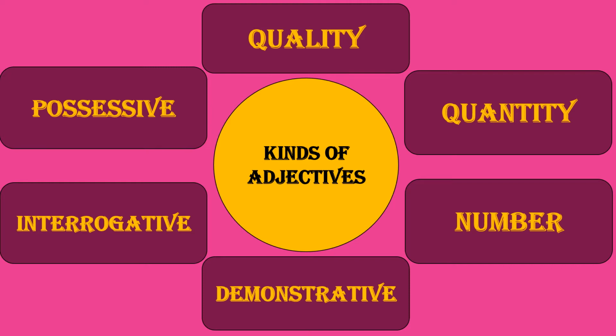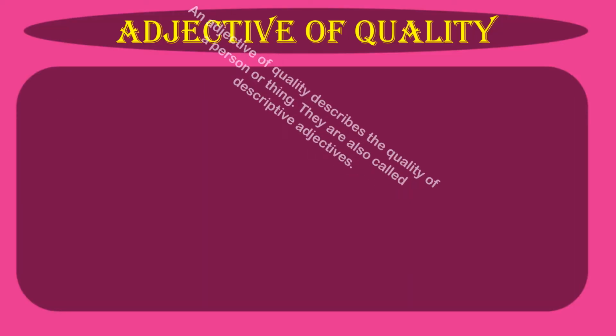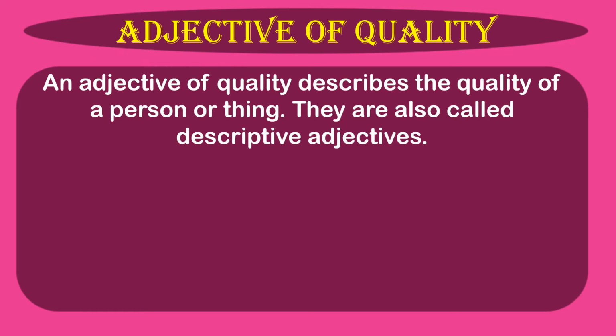Okay. Now the first kind of adjective is adjective of quality. Learn first the quality one. An adjective of quality describes the quality of a person or thing, right? As the name suggests, quality. So it is related to defining the quality of a person or thing.